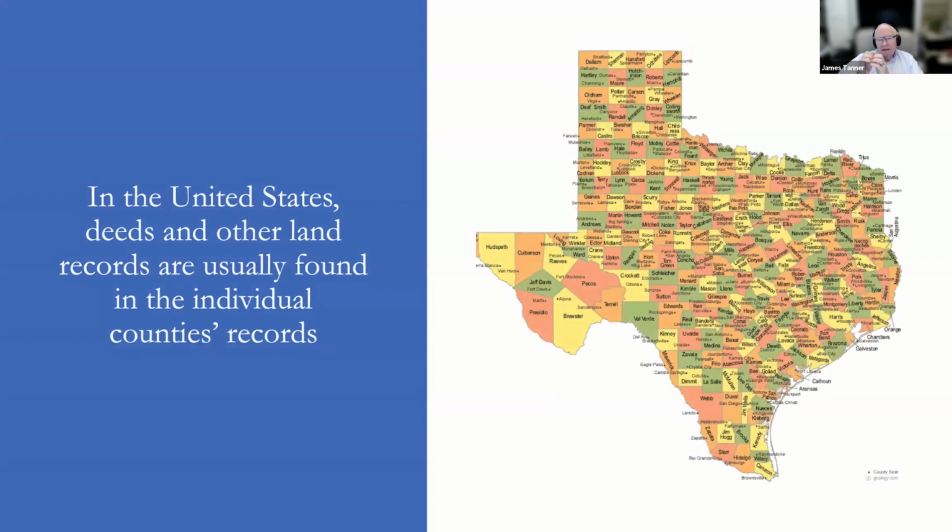Are they online in FamilySearch and Ancestry and all the other big websites? The answer is some of them are and some of them aren't. And some of these, as currently, are not available except in paper in the actual office of the recorder in these counties across the nation. But over the past few years, there's been a constant effort to digitize all the records and then make them available online.